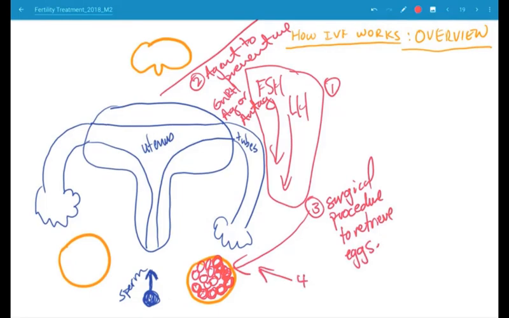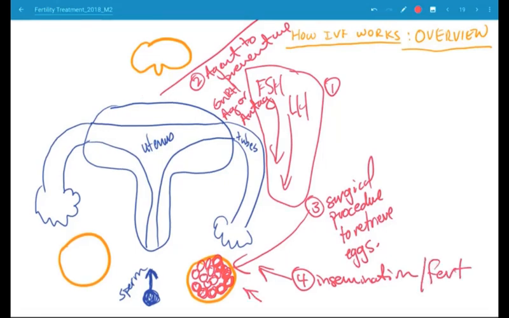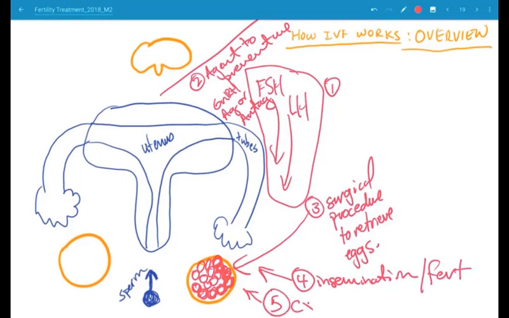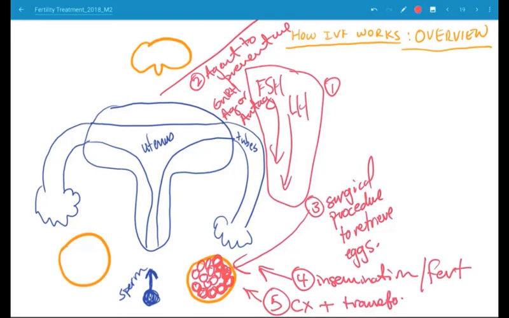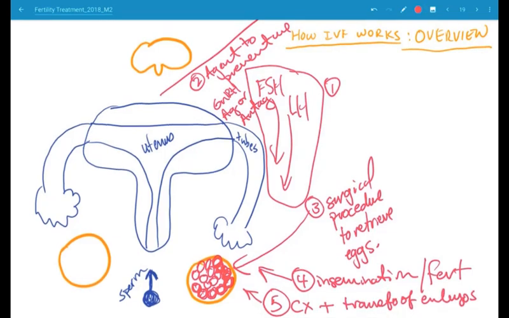And then it requires insemination of those eggs, and then fertilization. And then number 5 here would be culture and transfer of embryos. Okay, so there are 5 large components to how IVF works. We're going to dive into this a lot deeper here, but I wanted to give you an overview of how this works.